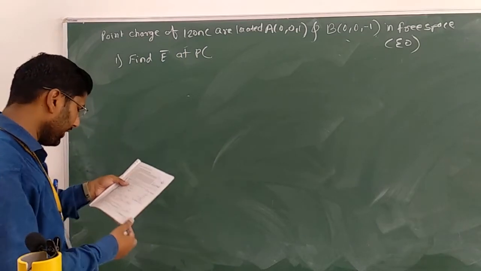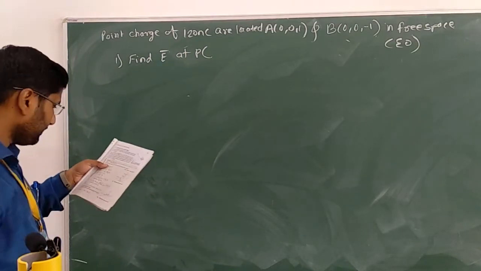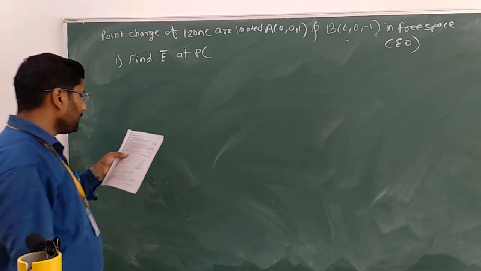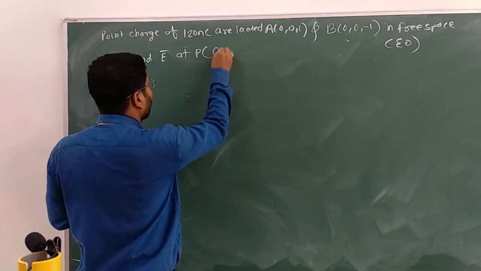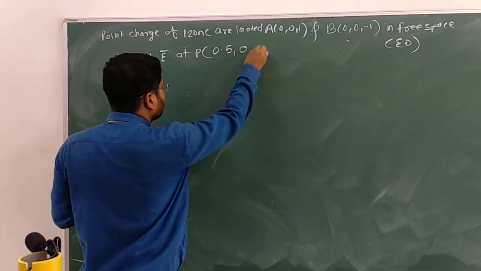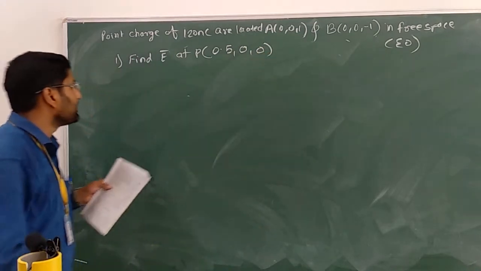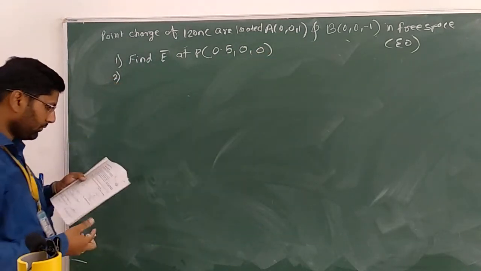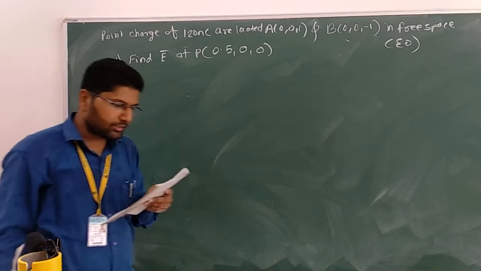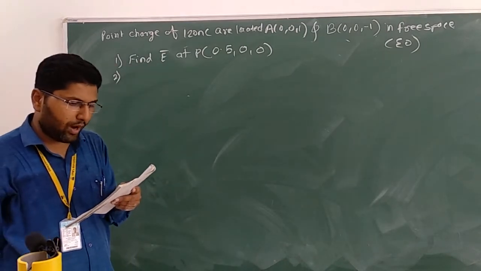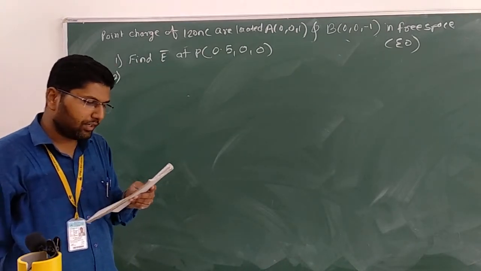Find E bar at point P, which is (0.5, 0, 0). And second, what single charge at the origin should provide the identical field strength?